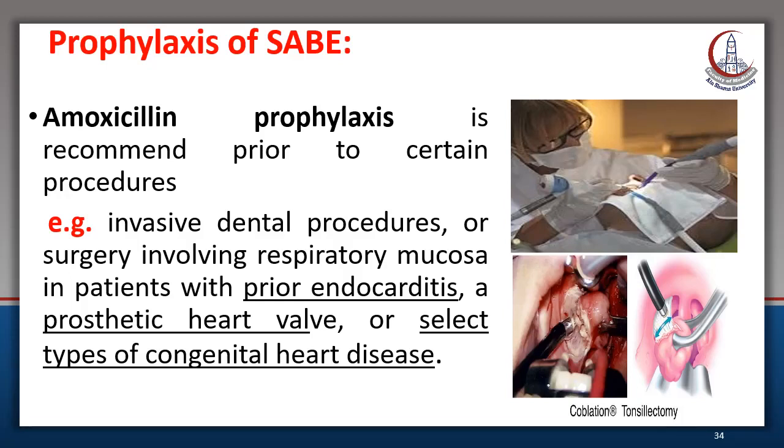Amoxicillin is the drug of choice for oral therapy because it is well absorbed from the GIT and provides a high sustained serum concentration during the procedure.